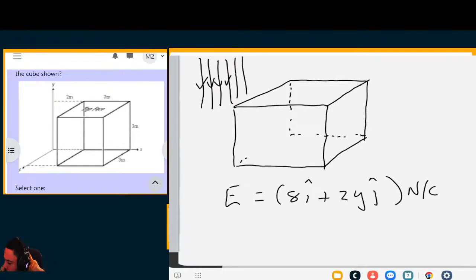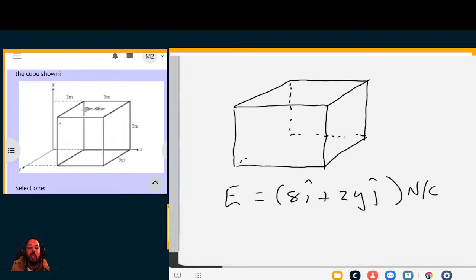It's not exactly going down like that because it has an x and a y component, so most likely it's at an angle. Now they want to know how much of that electric field is going through the top of this box.